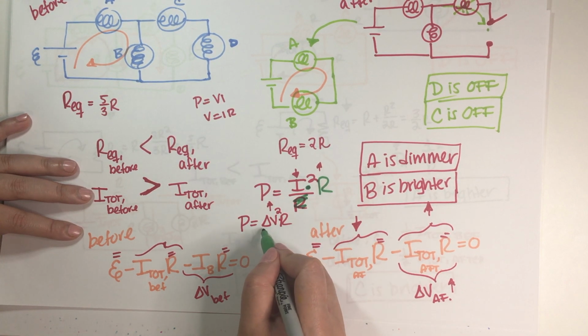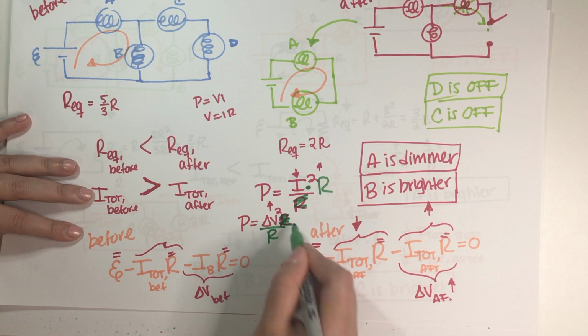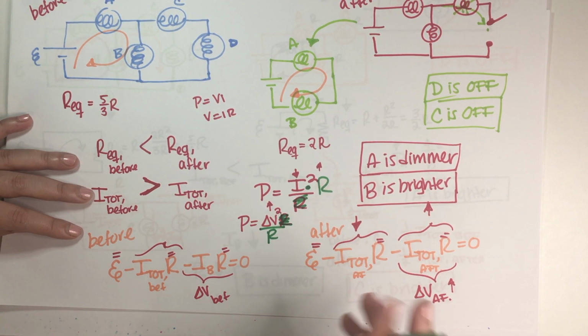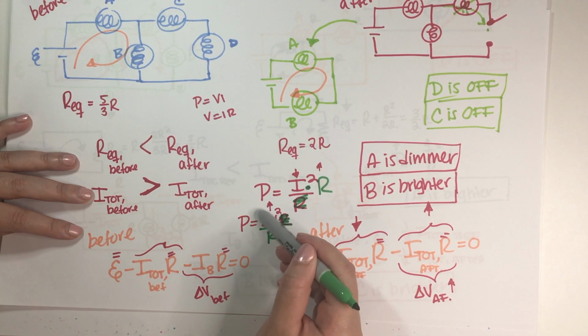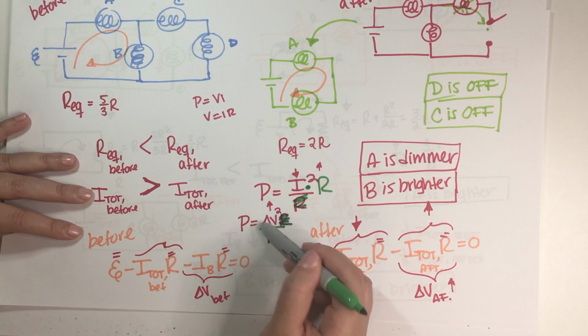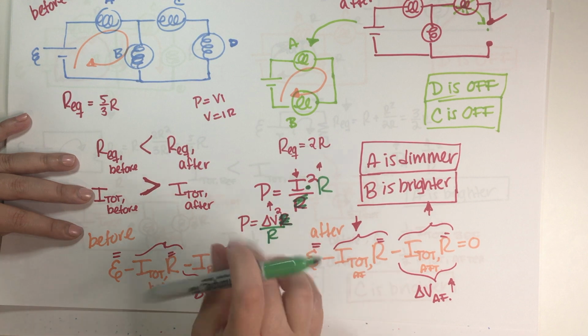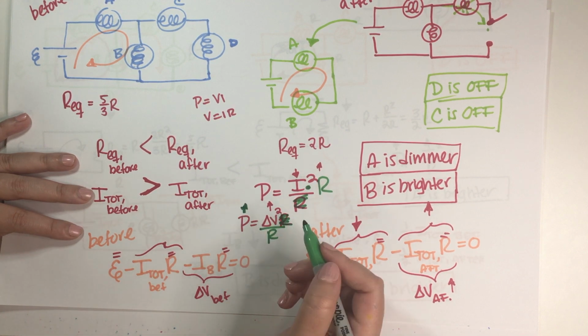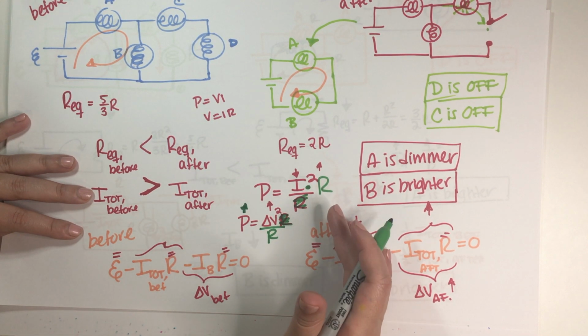And again, over here, this should have been divided instead of multiplied. And whenever I use this one, I wasn't really looking at R. What I was looking at was delta V. So because delta V increased, the power increased regardless of where the R was.